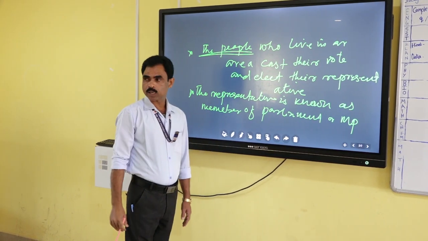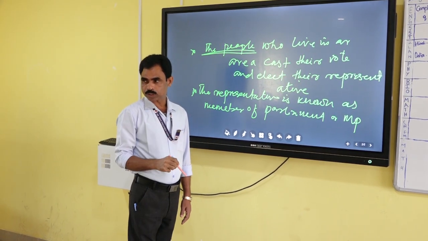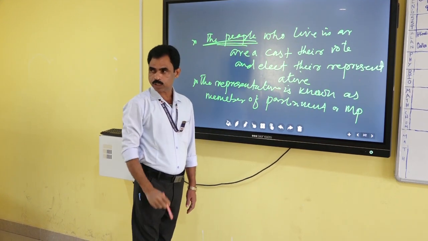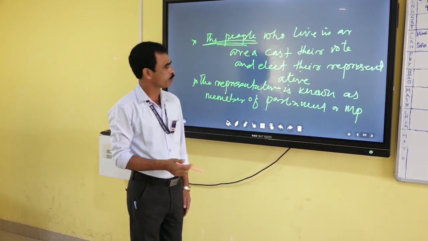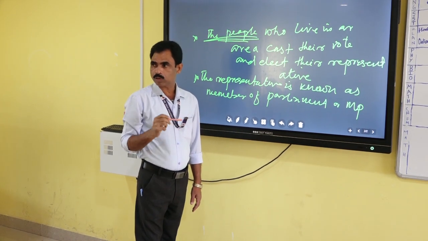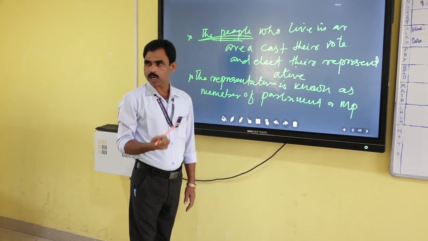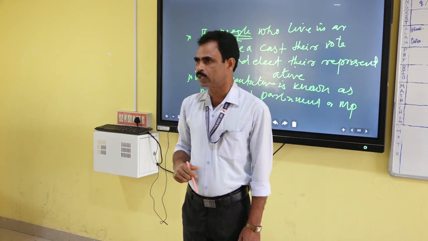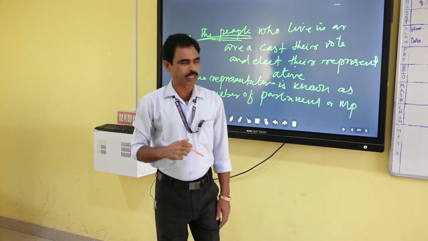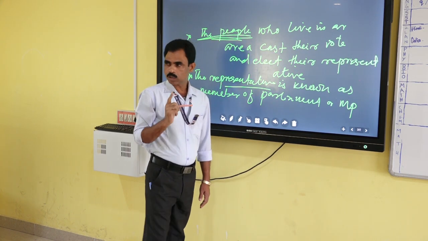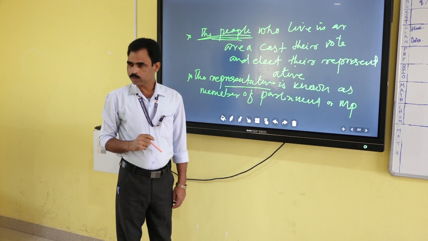So first the entire nation is divided into different areas. These areas are known as the electoral constituencies. So India is divided into 543 constituencies. The people who live in a particular constituency cast their vote and elect only one representative. This representative is known as the member of parliament or MP. Clear?